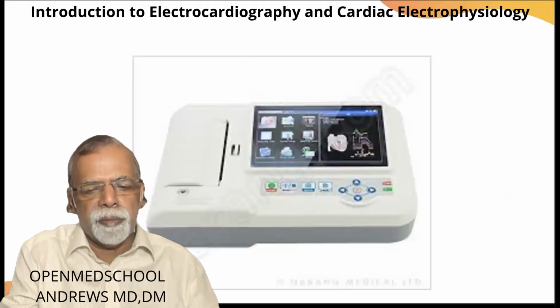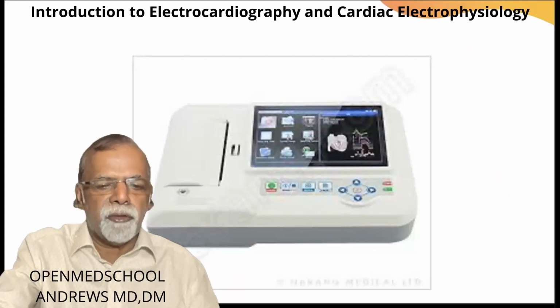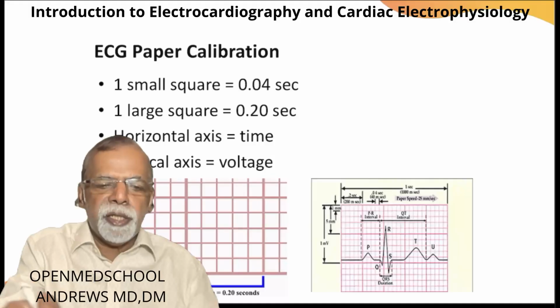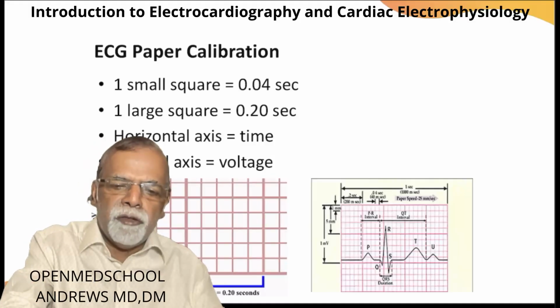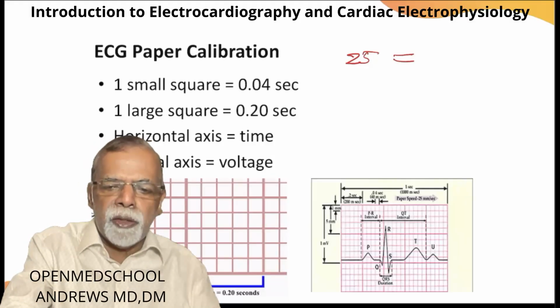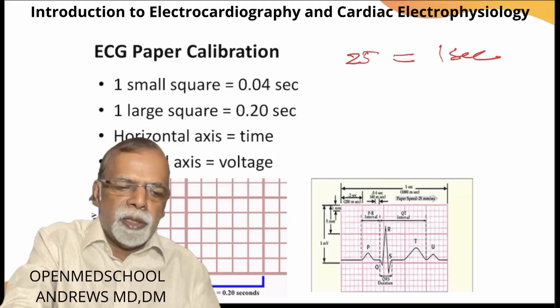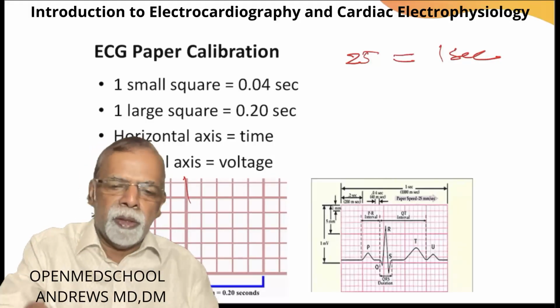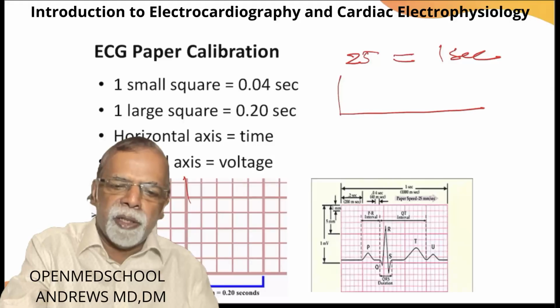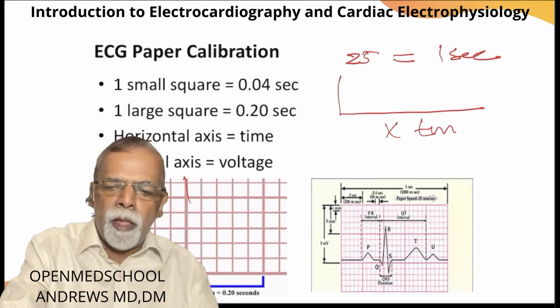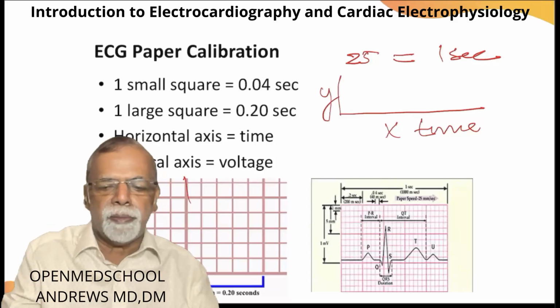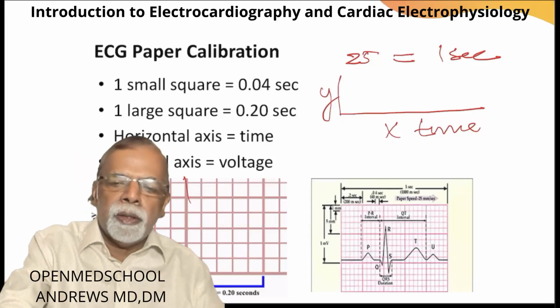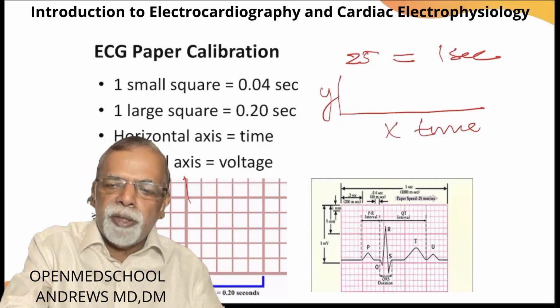So this is the machine. There are different models, you are familiar with it. So the calibration, you should remember, 25 small divisions is equal to 1 second. Every fifth line is bold. So the paper is running at a speed of 25. So the x-axis is time and the y-axis is voltage. 25 small divisions is 1 second.